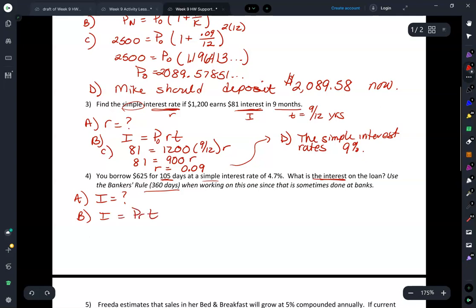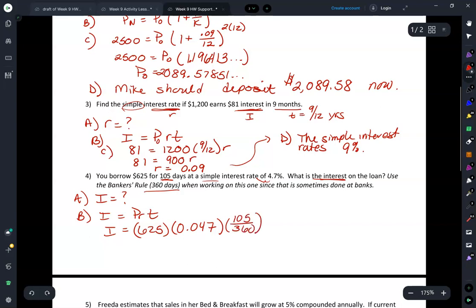And then I can just plug my values in. I equals 625 times the rate, 0.047. Careful of that. Make sure you go 2 places left. And then the time is 105 over 360 this time.